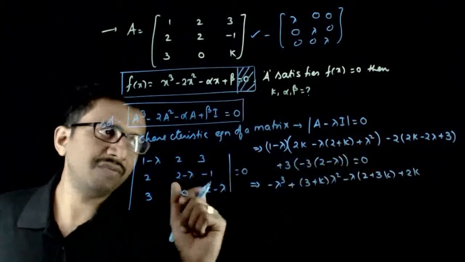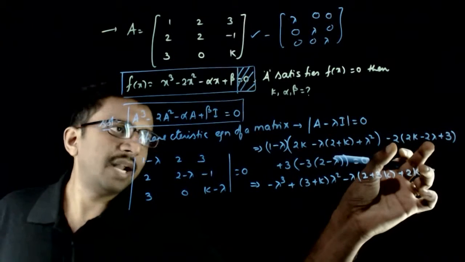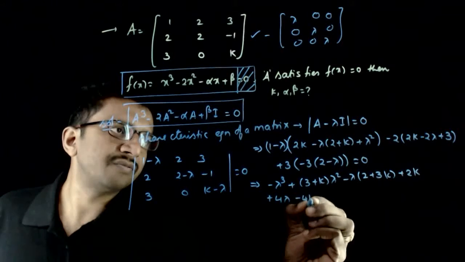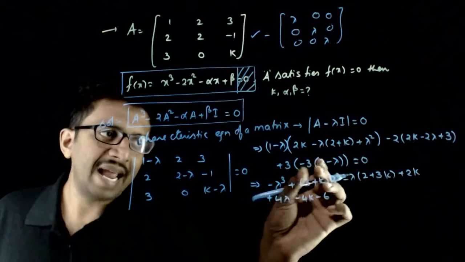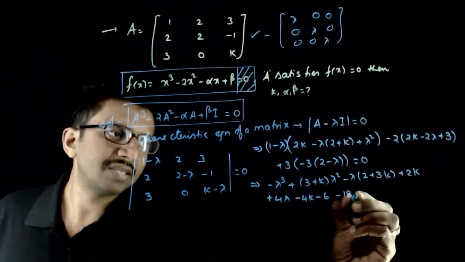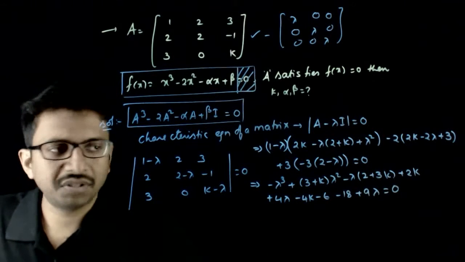Next you have plus 4 lambda minus 4k minus 6, minus 9 times 2 is minus 18, plus 9 lambda is equal to 0. This is the characteristic equation.